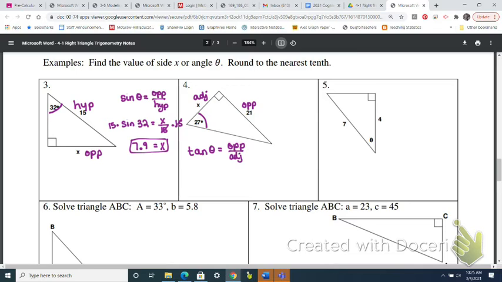So I'm going to plug in tan of 27 equals 21 over x. I can't solve for x in the bottom, so I got to bring it up. So I get x tan of 27 equals 21. Divide both sides by tan of 27.